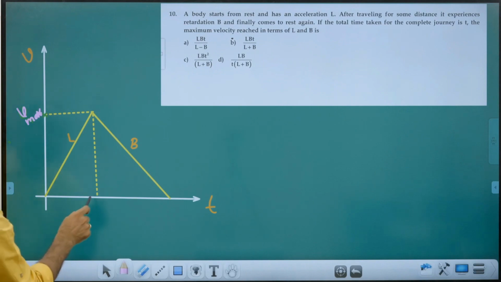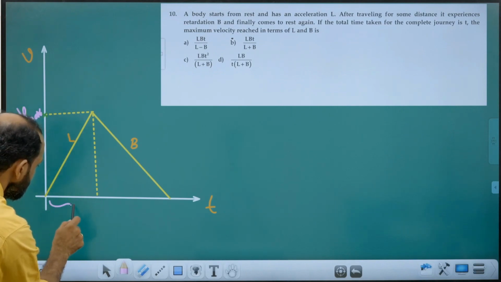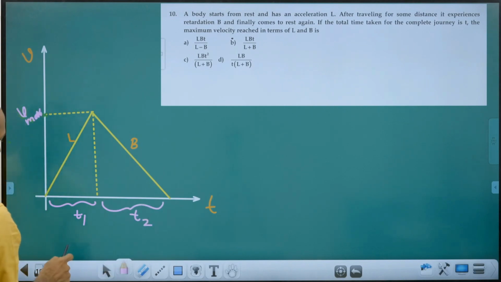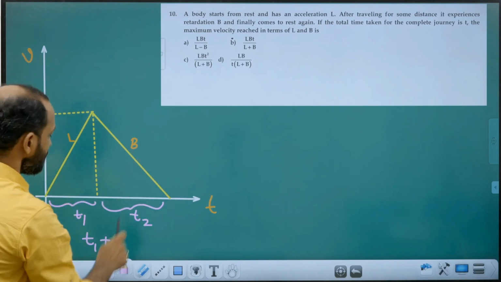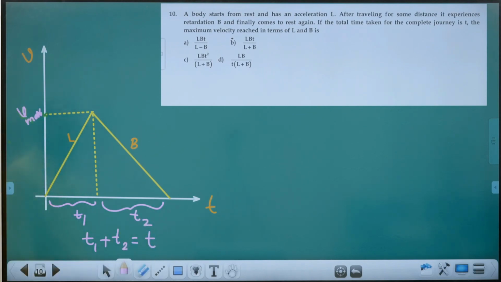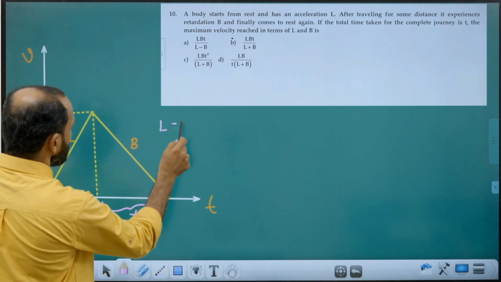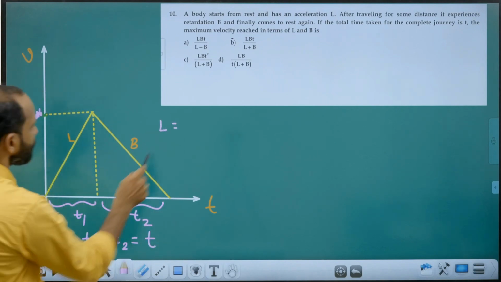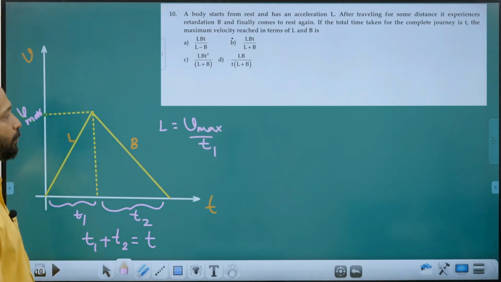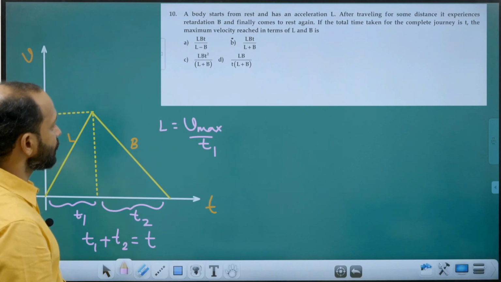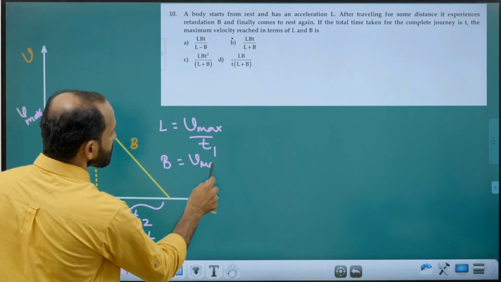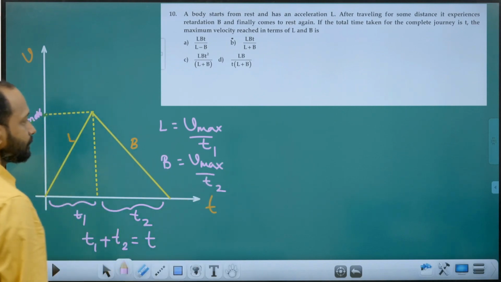Let this time interval be T1 and this one T2, so that the total time of the journey is T, given by T1 plus T2 equals T. Now, what is acceleration L? Acceleration equals Vmax divided by T1, from the equation v equals u plus at with u equal to 0. So L is equal to Vmax by T1. Similarly, the retardation B is equal to Vmax divided by T2.